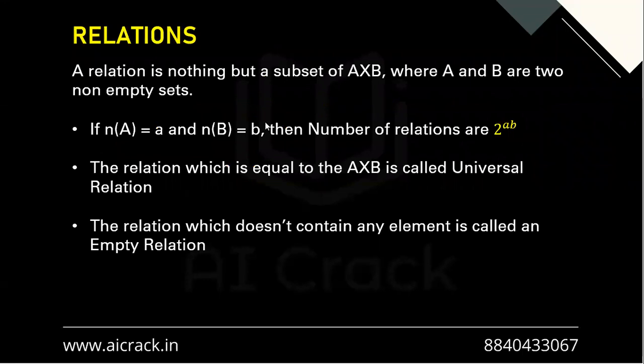Now, Cartesian product builds the foundation for relations. So what is a relation? A relation is nothing but a subset of a Cartesian product. So we've got A as 1, 2, 3 and B as a, b.